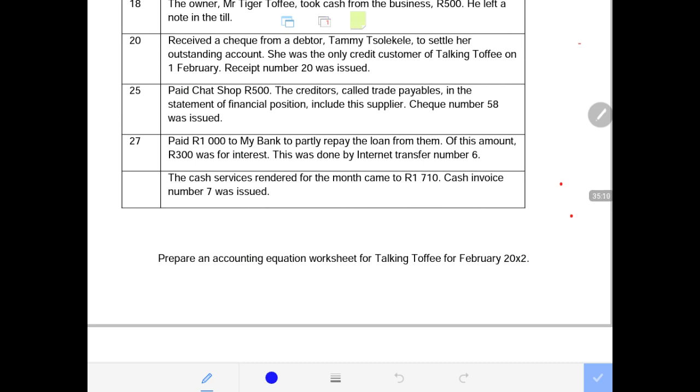Now we go on to the 27th day. It says the cash services rendered for the month came to 1,710. Cash invoice number 7 was issued. So now we rendered services and money was received. If we render services for cash, then our bank is expected to increase by the amount we received from the customer after we have repaired the cell phone, because we are in the cell phone repairing industry.